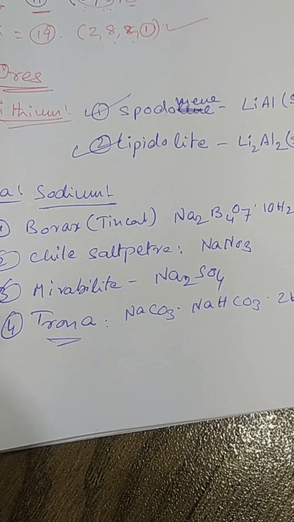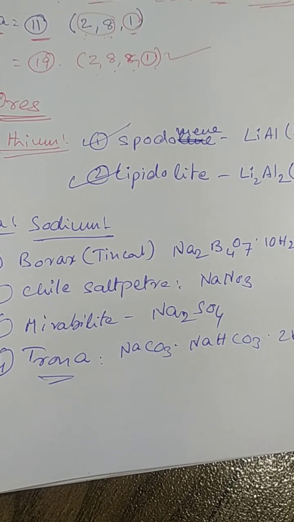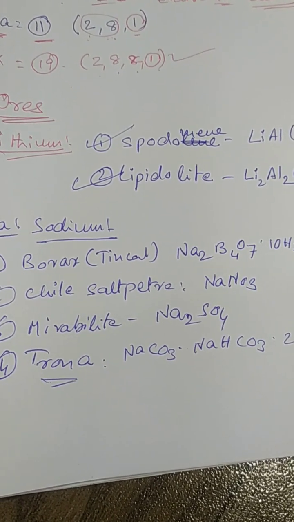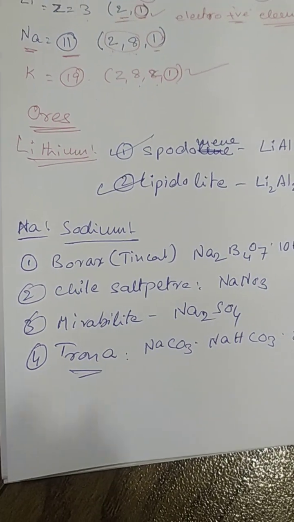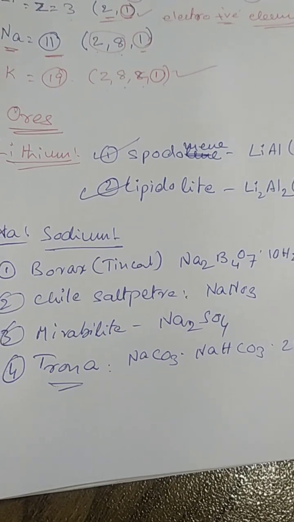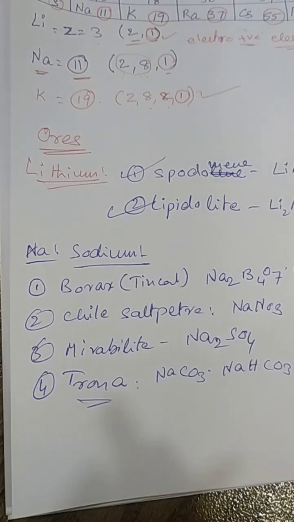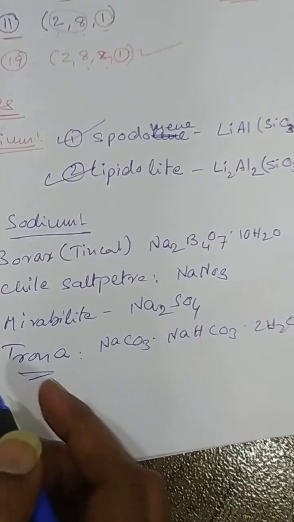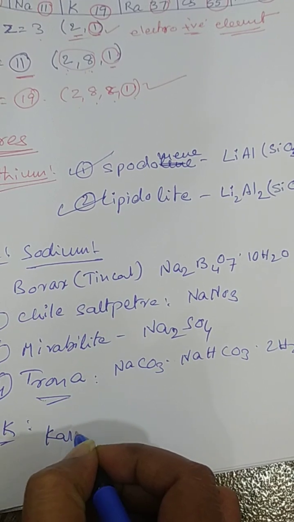For potassium, there is sylvite, that is potassium chloride. Then sylvinite, which is sodium chloride and potassium chloride, which is available in seawater. Then carnallite, a double salt, which we use in the laboratory. Carnallite is important.